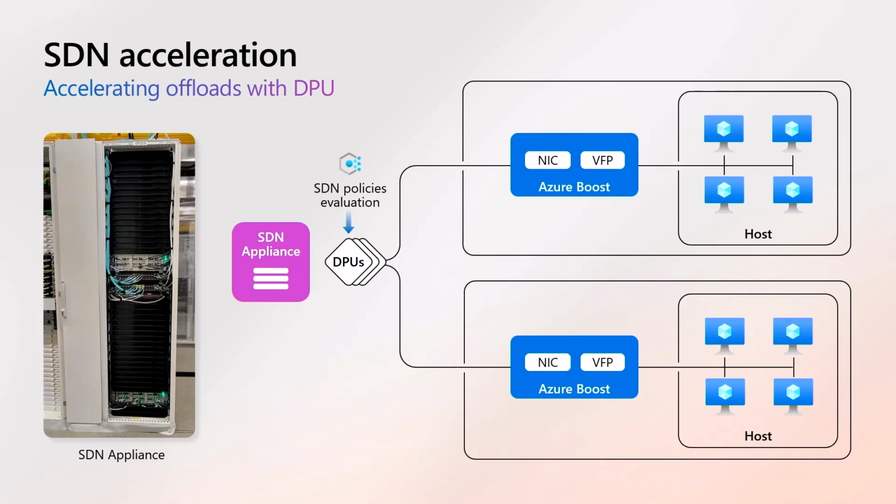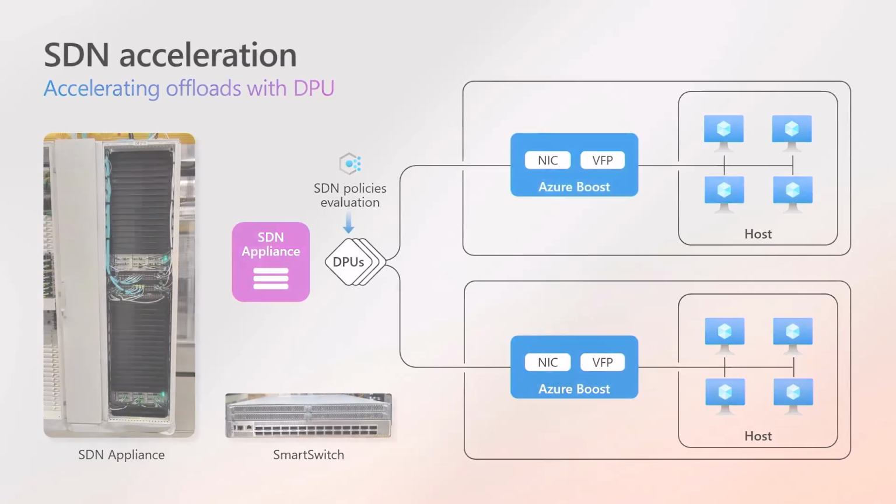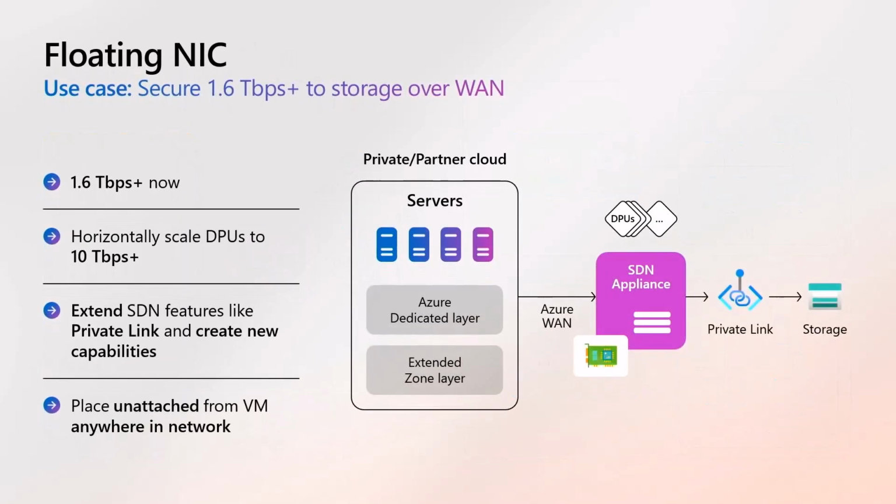By the way, we're also building a smart switch, which is built on top of our SONiC software-defined networking software stack that we developed in Azure and contributed to its open source foundation, something called Dash that supports these DPU offloads on top of SONiC. One of the scenarios this supports for us is something called floating NIC, or floating network adapter.